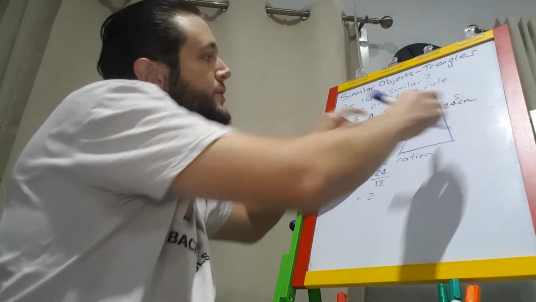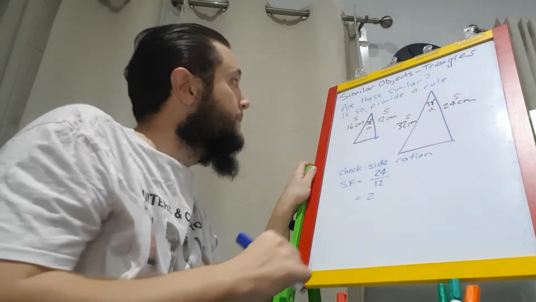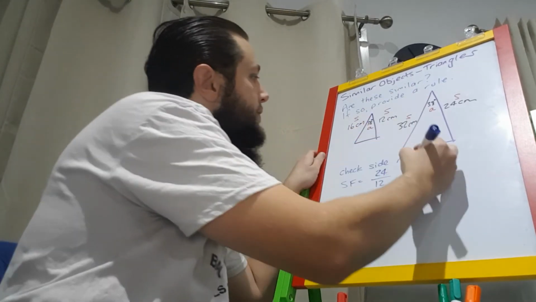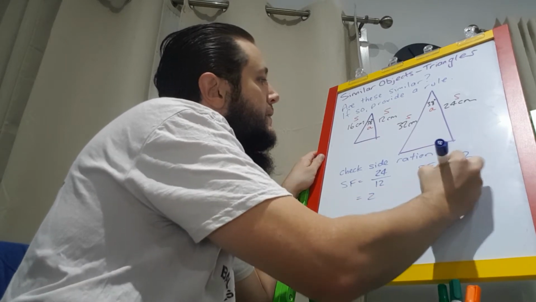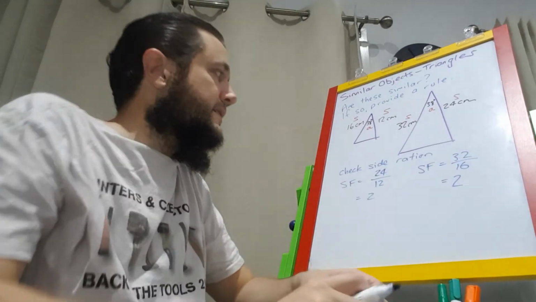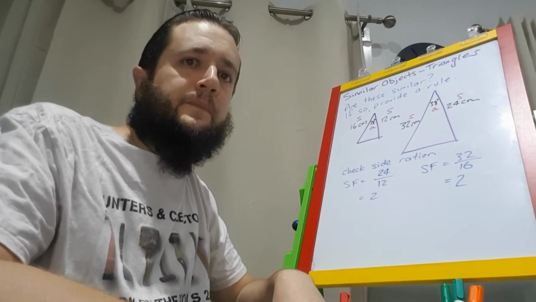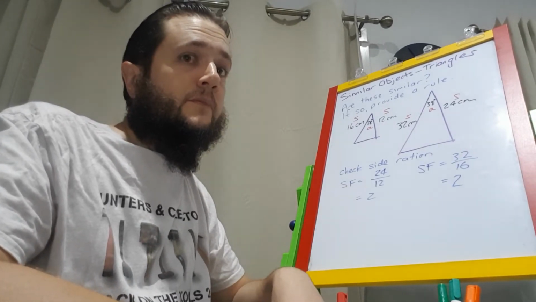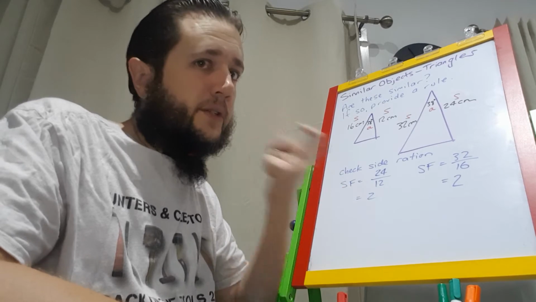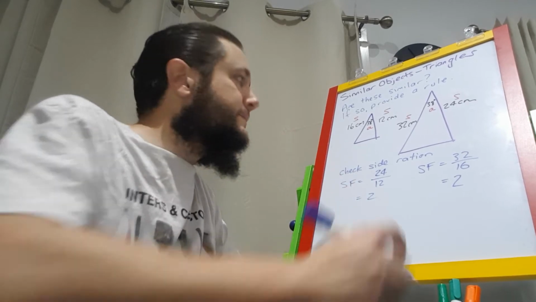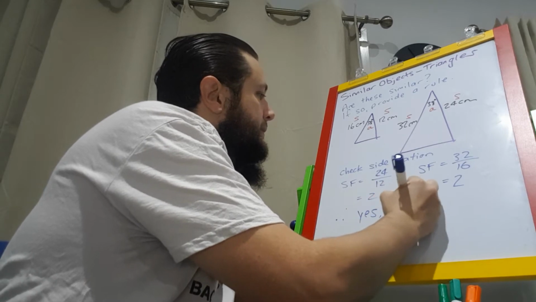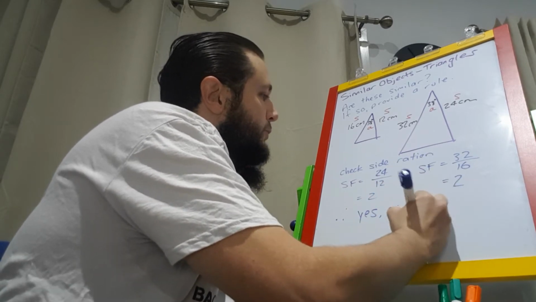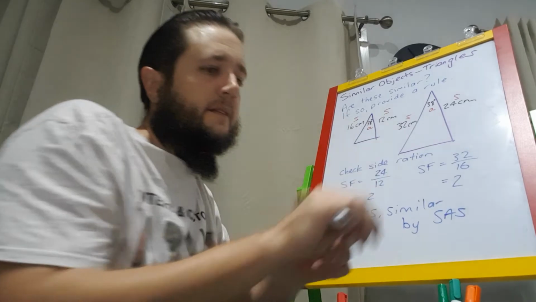By looking at those two sides, I get a scale factor of 2. And let's look at the other two sides there that we've got the equivalent of, 32 and 16. 32 divided by 16 gives a scale factor of 2 as well. Looking good. We have side angle side, and those sides are in the same ratio. So therefore we'd say yes, similar, by the rule SAS.